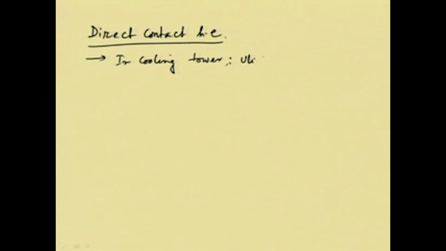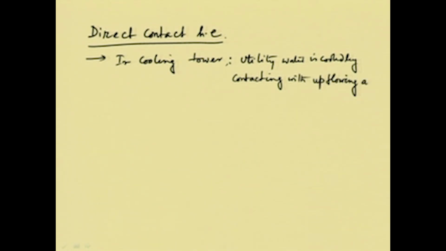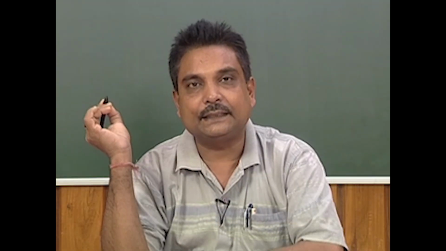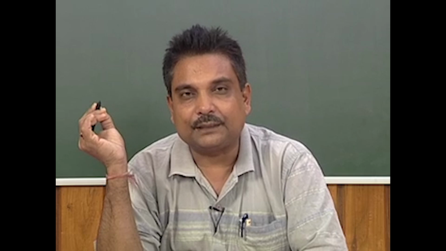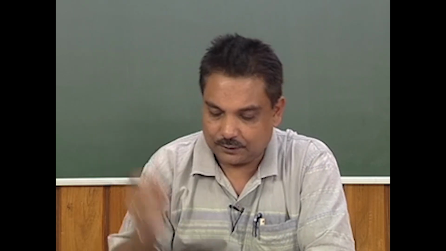Utility water is cooled by contacting with upflowing air. So, that is one, that air and water are in direct contact and they are exchanging energy. So, this is the heat transfer that has been taking place. So, this becomes a case of direct contact.